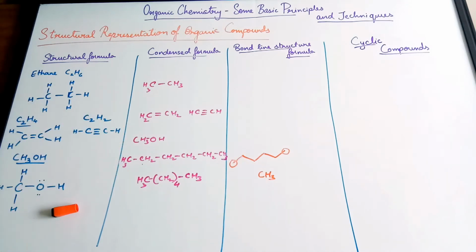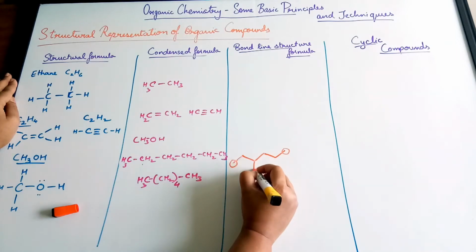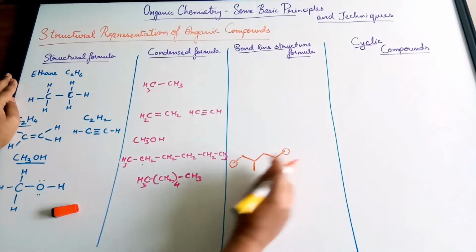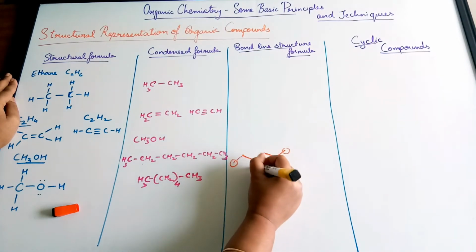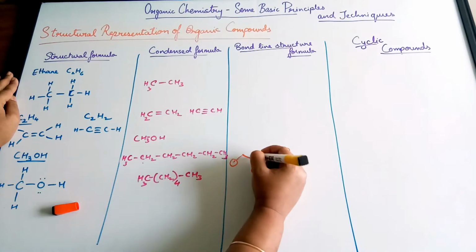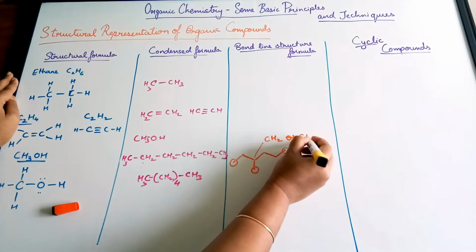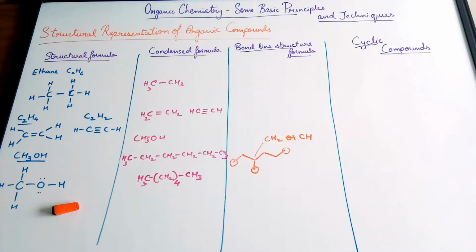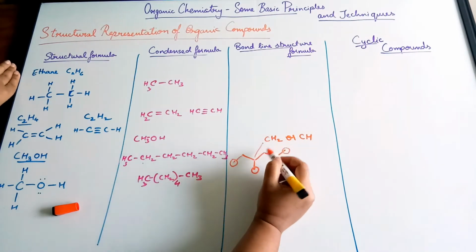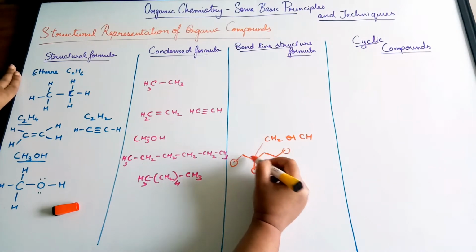Again, let's take another example. Let's assume this carbon atom is bound to another carbon atom. So here also it will be a CH3. Now, do you think this will be a CH2 or a CH? To maintain its valency of 4, let's first count 1, 2, 3.